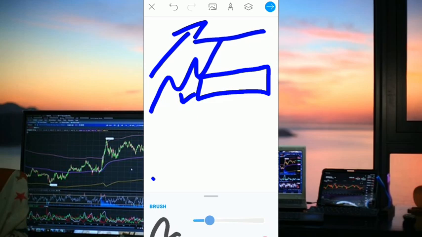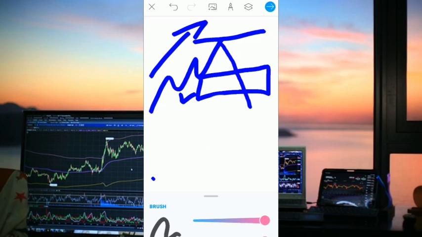If price comes down here and breaks the last key level, and we take note of this area right here, if we get a bearish engulfing candle, it means we are going to have a reversal and price is going to be selling now.